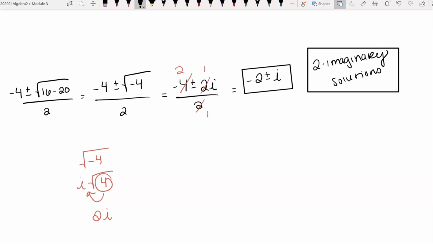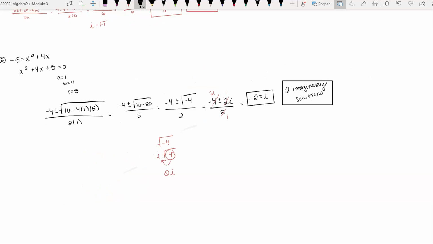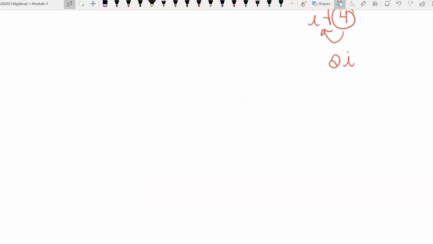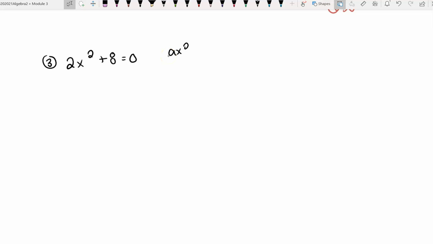Okay, perfect. And let's try another one. Let's try number 3 right here. We've got 2x squared plus 8 equals 0. Okay, we want it of the ax squared plus bx plus c equals 0 form.